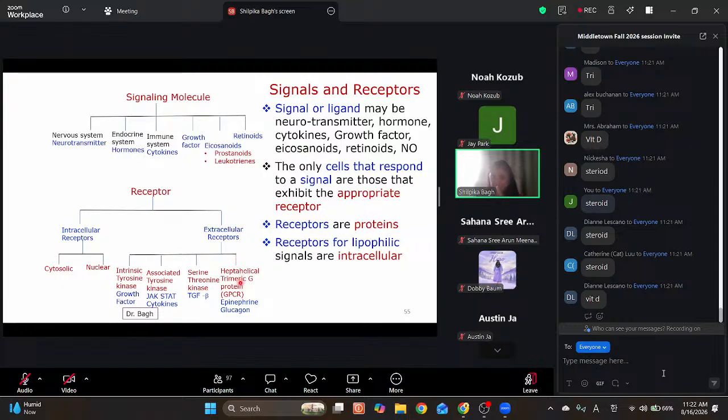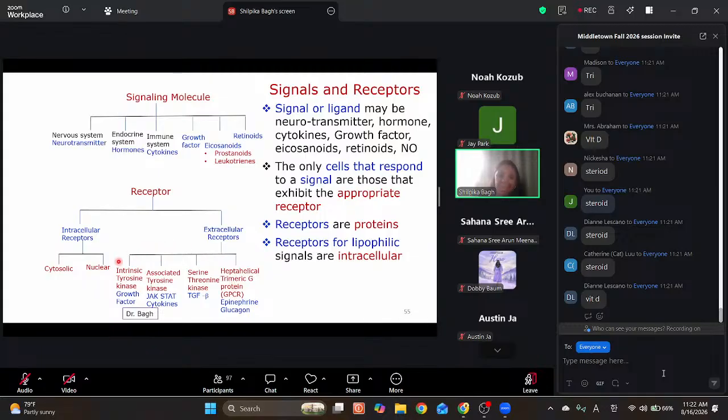How many types do you have to do? First two, heptahelical, because they are associated with trimeric G protein, which is Gs, Gi, and Gq. When you do Gi, I will tell you in the next slides: first complete Gi, the whole cascade, complete Gs, complete Gq. Once you have done that, I'll tell you how to do it.